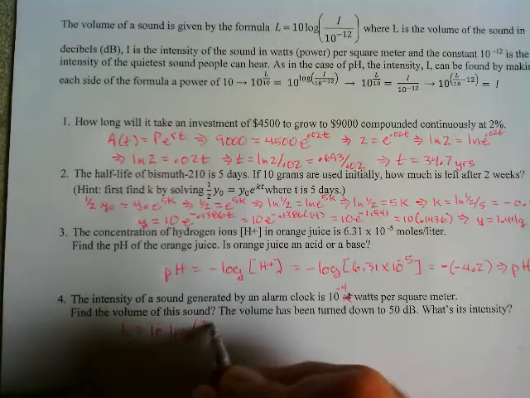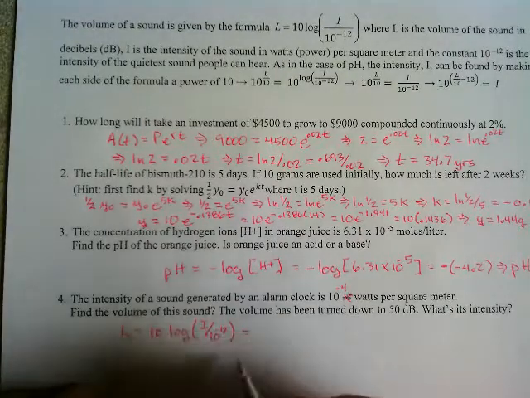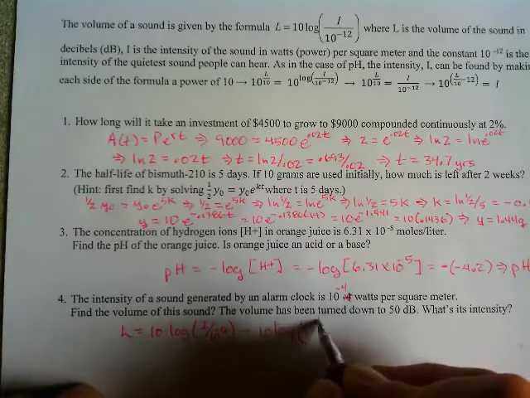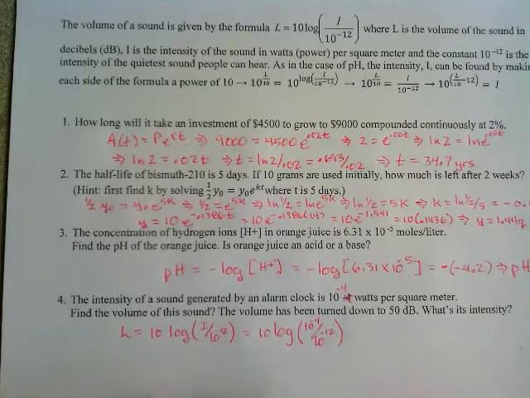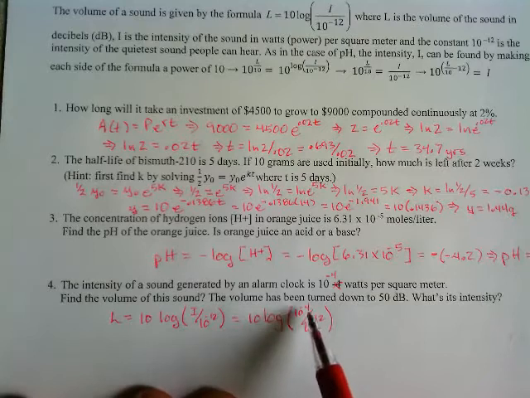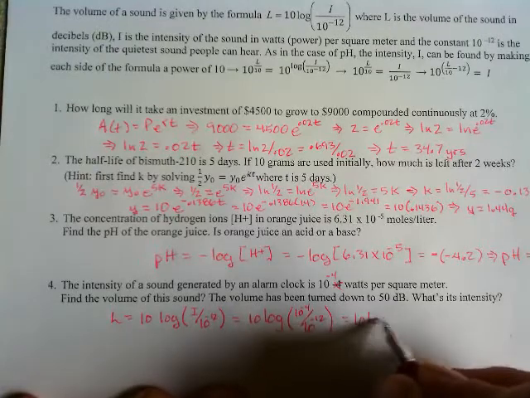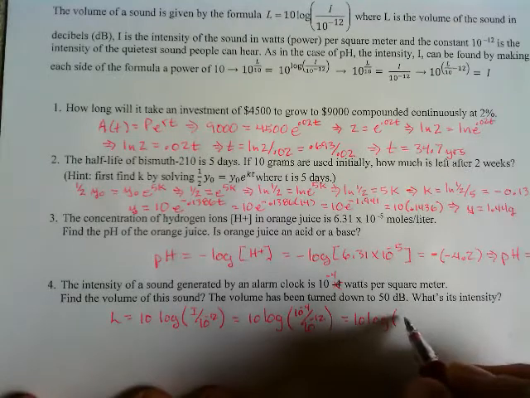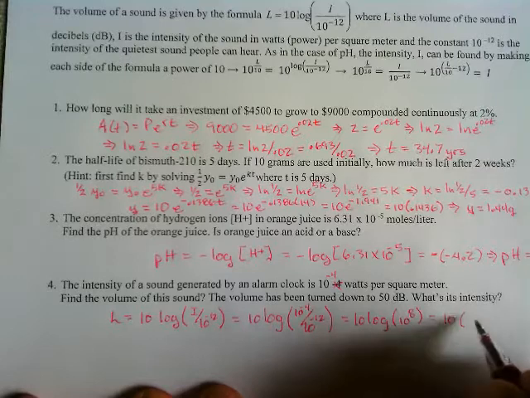And we have I over 10 to the -12. And so now we're going to stick in our intensity, 10 log 10 to the -4 over 10 to the -12. Remember from your exponent rules that when we divide, we subtract, so it's going to be -4 subtract a -12, and so that's going to end up being basically plus 12, -4 plus 12, and so now I have 10 to the 8, and so 10 times 8.